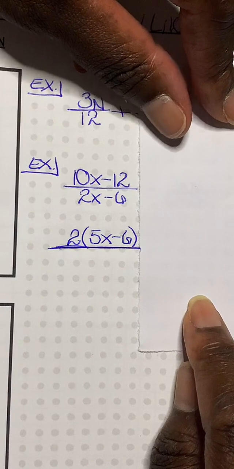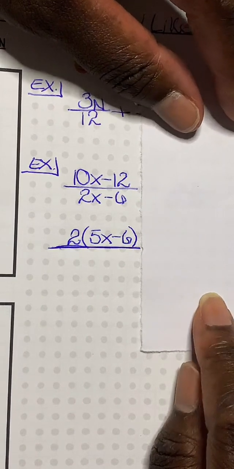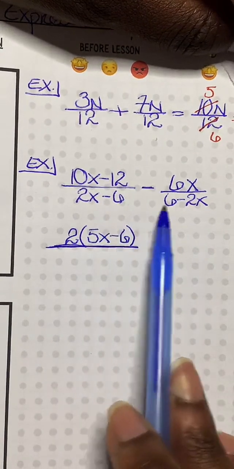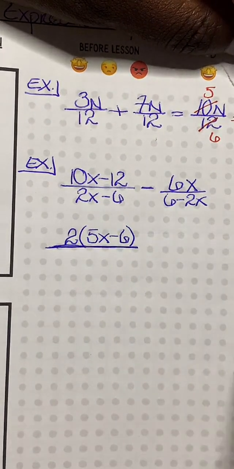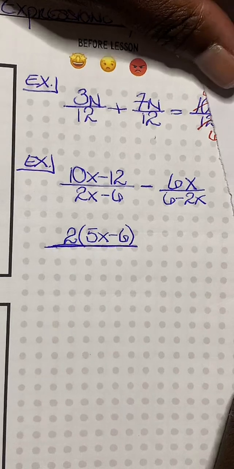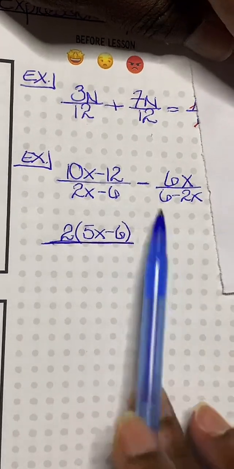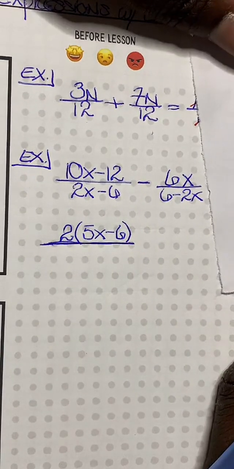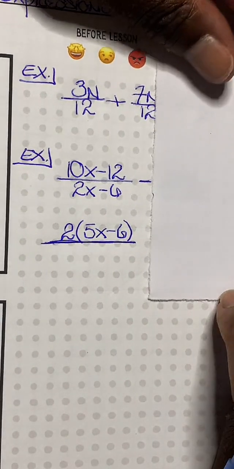We do not have a common denominator. So if we're going to be adding or subtracting, we need to have a common denominator. Before we were multiplying and dividing. So when we multiply and divide, we don't have an operation in between. That's the slight difference.